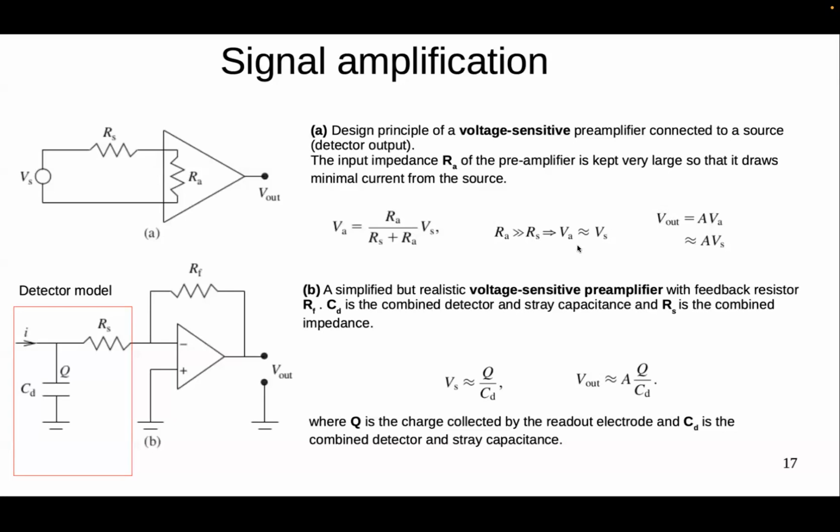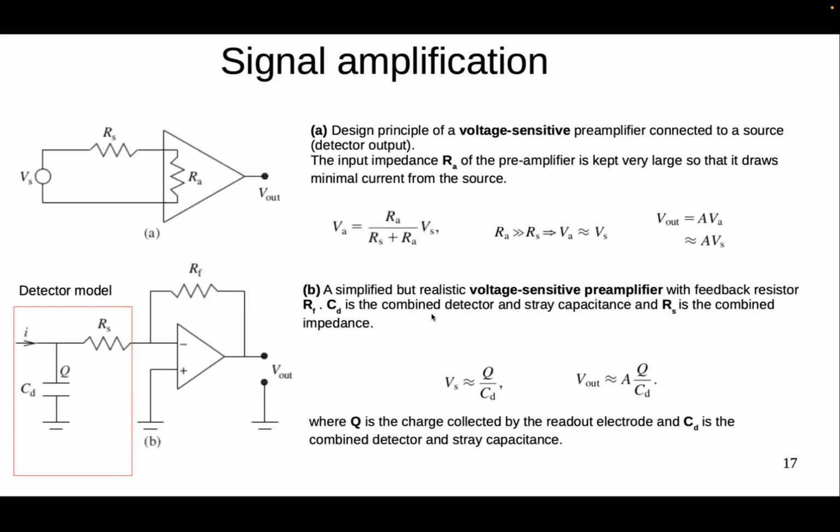That's why we want this very large input resistance, so that we can consider the voltage at the input to be basically the voltage from the source. And at the output, we'll have some amplification factor multiplied by the voltage at the input, which is the voltage from the source.